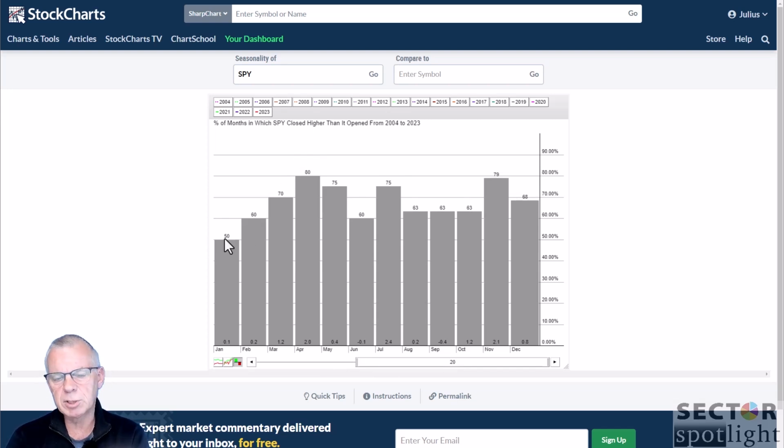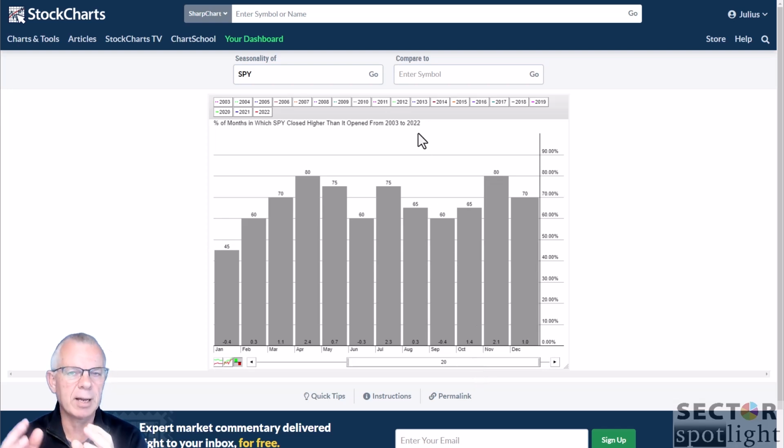The percentage numbers here are the percentage of months, in this case January, February, March, etc., where the S&P SPY closed higher than it opened. The one thing that I do is, because as you can see it's now August and it runs through August 2023, and I don't like that, I scroll back one notch to get a complete year, and the complete year is 2022.